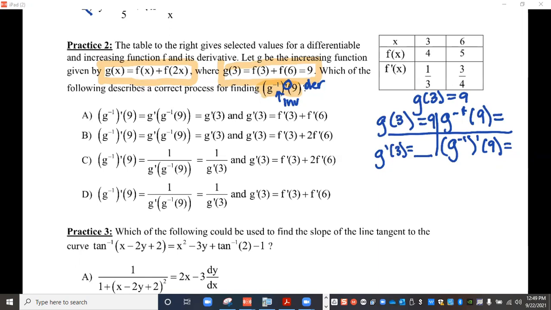Now remember they gave me g of x as f of x plus f of 2x. So I can find g prime of x. g prime of x can be found by taking f prime of x plus what rule am I going to have to use to find the derivative of f of 2x? I'm going to have to apply my what? Chain rule. So f prime of 2x times 2.